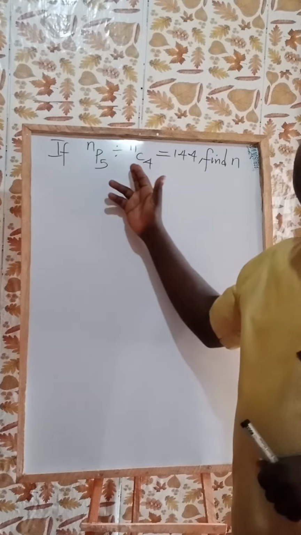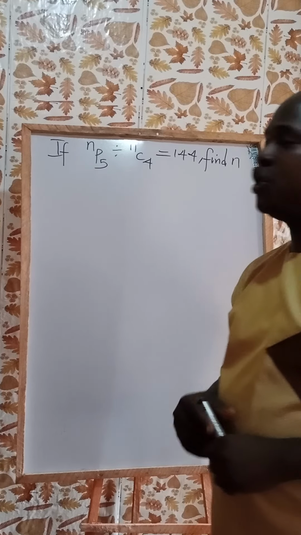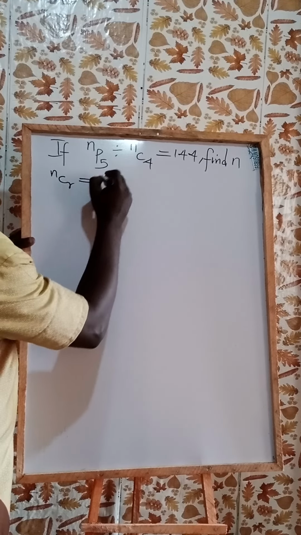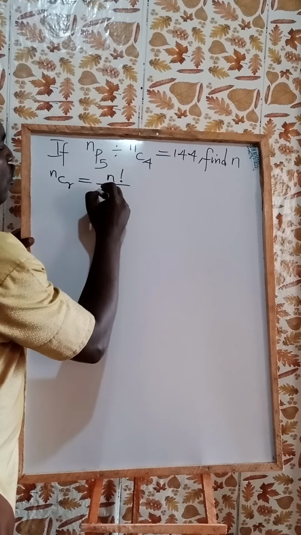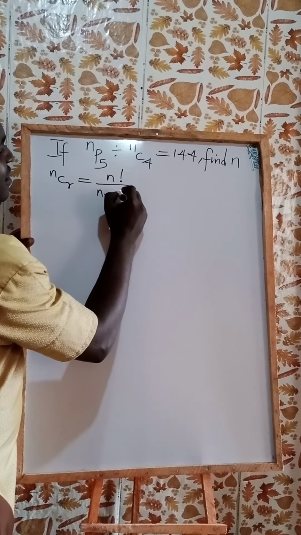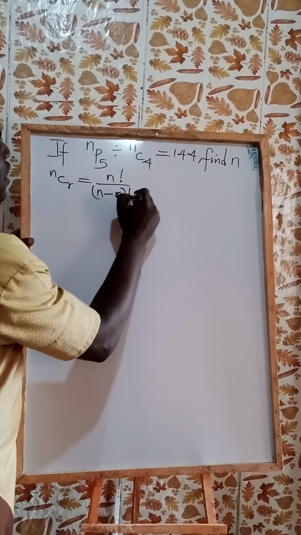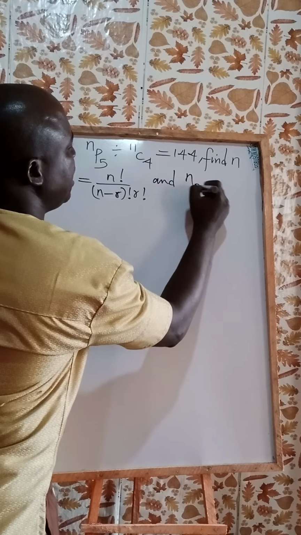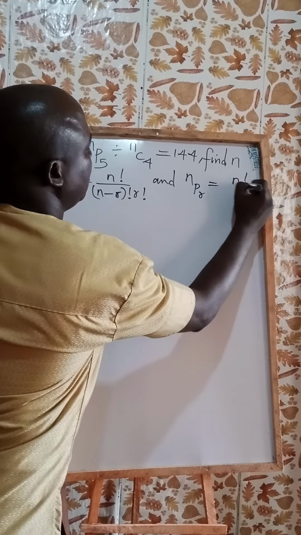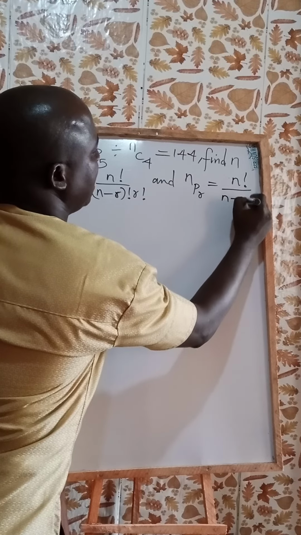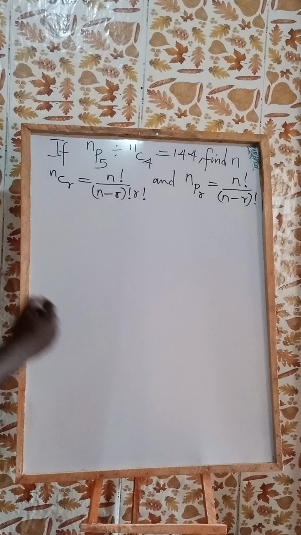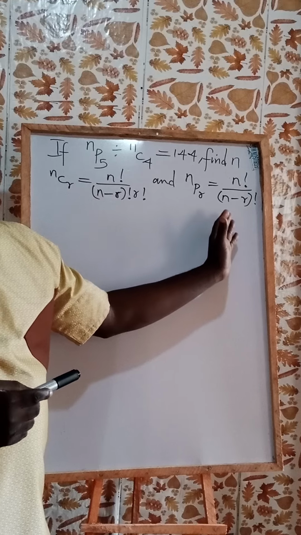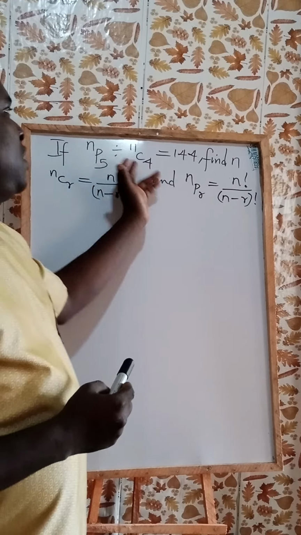The formula for combination is nCr is equal to n factorial all over (n minus r) factorial times r factorial, and nPr is equal to n factorial all over (n minus r) factorial. As you can see, we are going to apply these two formulas for permutation and combination to solve this.